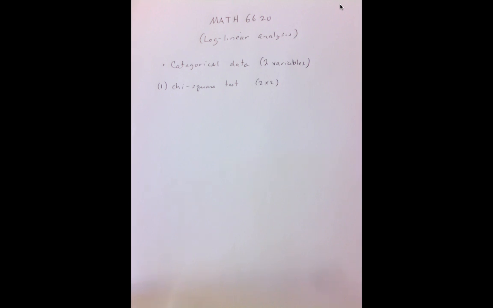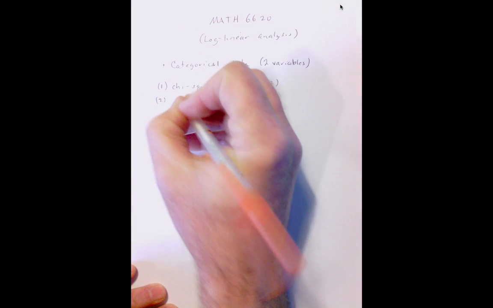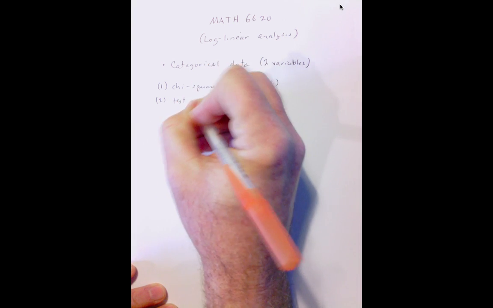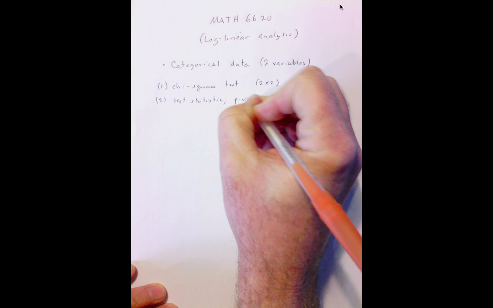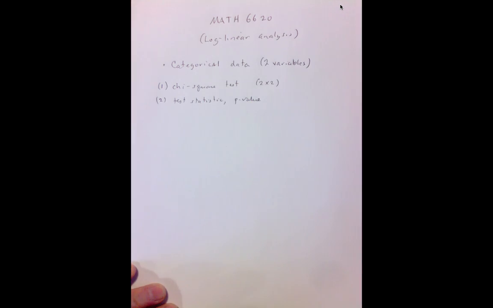But the chi-square test sets up the null hypothesis that there's no relationship between the two categorical variables, and the alternative hypothesis says that there is a relationship. The second thing we do is we calculate the test statistic, and of course the p-value under the null hypothesis, and we use these to make a decision on the null.